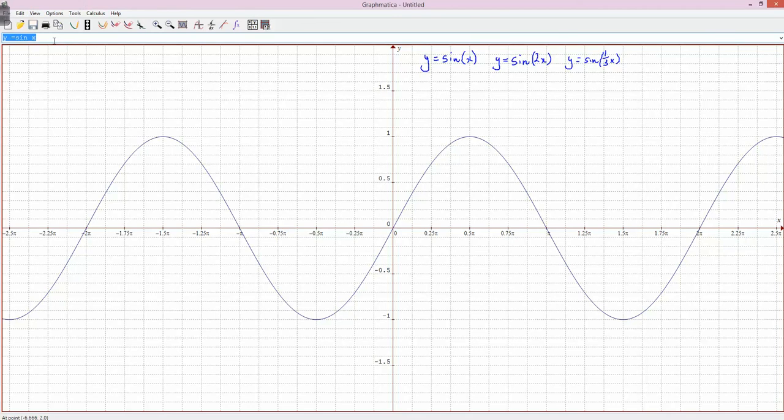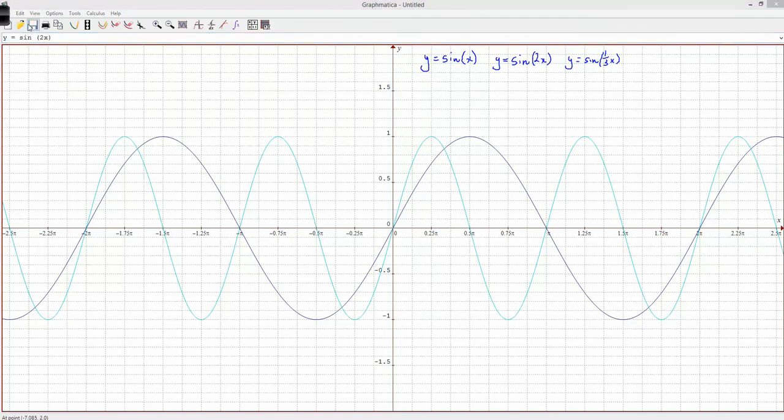And let's graph y equals sine 2x. What you hopefully can see is that we've had a change not in the amplitude. Amplitude is still the same as the original sine function, but what we definitely have had a change in is the period of the graph.